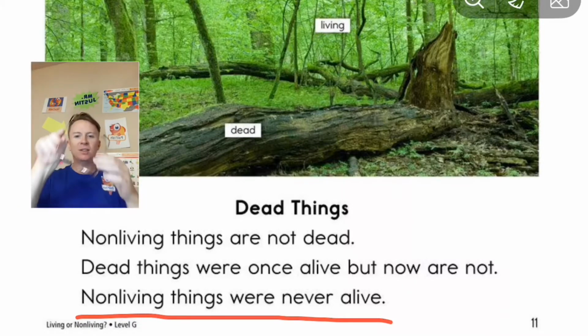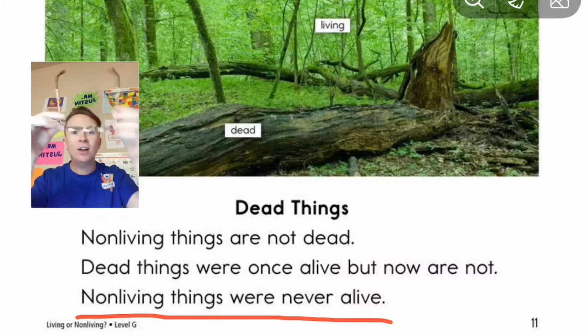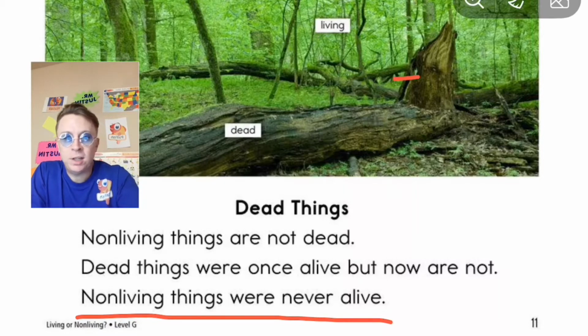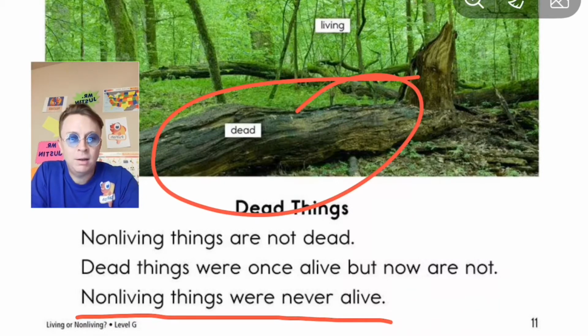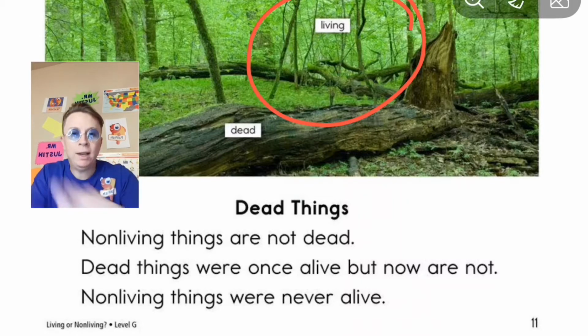These glasses were never alive, and they are not dead. But I tell you what, man, they are cool. They are cool glasses. But yeah, so let's have a look at the picture here. We have the dead tree, and we can compare it to the living trees that are green, but are growing.